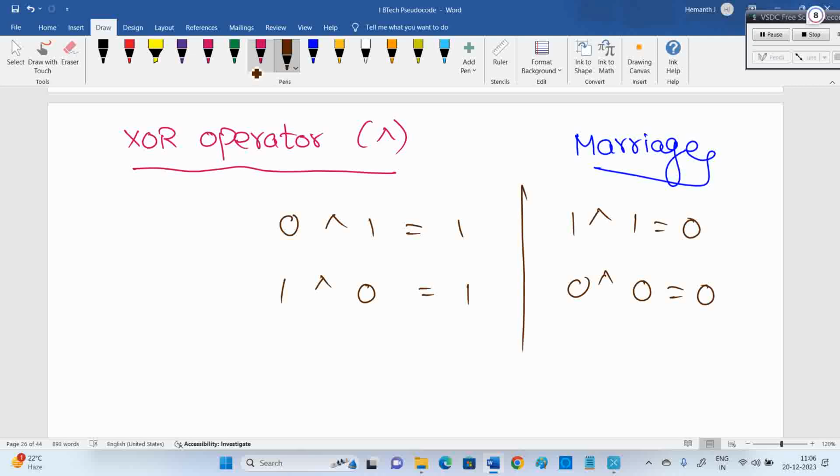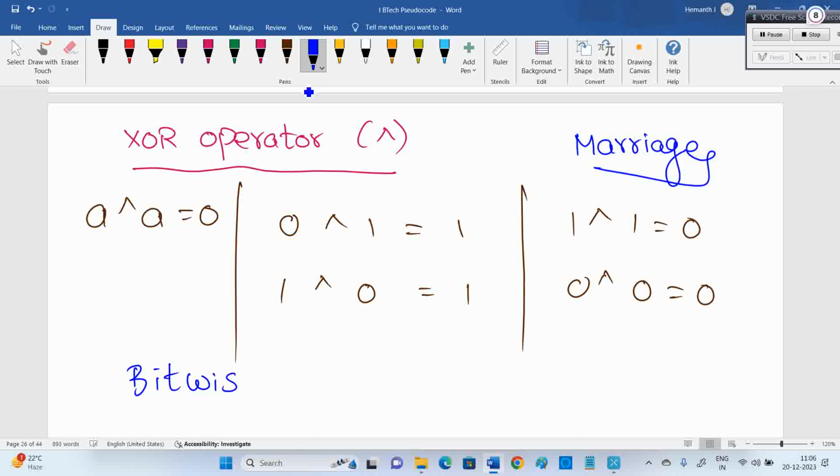That is why A XOR A, the same variable, such as 4 XOR 4, is always 0. Different gives 1, same gives 0, and this is a bitwise operator.